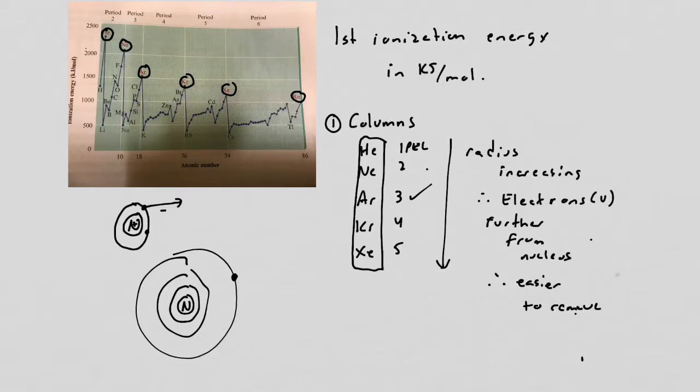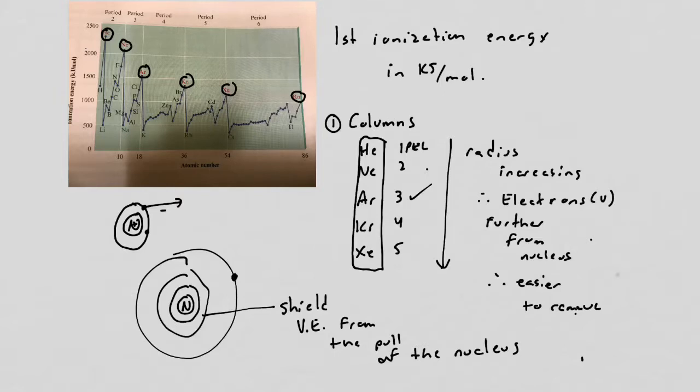The other term that you might hear used, and I think I should mention this now, is that you can view the inner levels as acting as a shield. They shield the valence electrons from the pull of the nucleus.